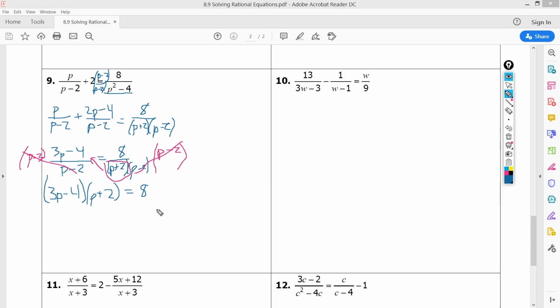Well, now I get to multiply these through. I'll have to subtract the 8, then I'll have to refactor it.